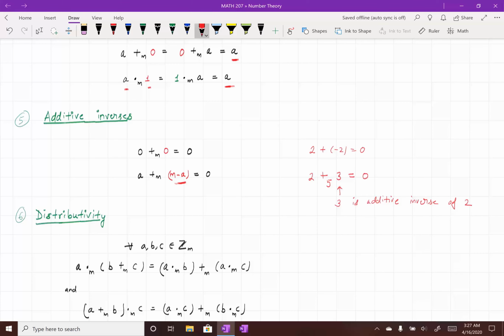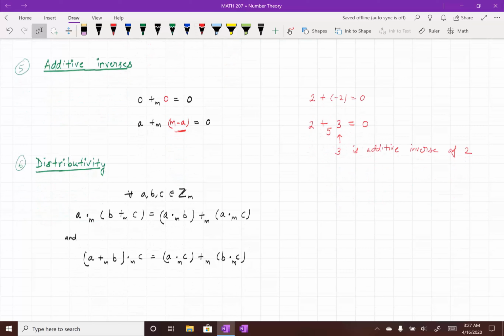Okay, and you also have the distributive property here. So you have the left distributive property and the right distributive property with respect to your addition modulo m and multiplication modulo m operations, which is similar to your classical arithmetic operations.